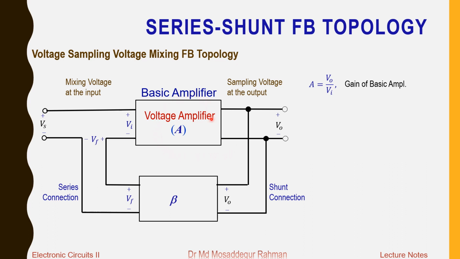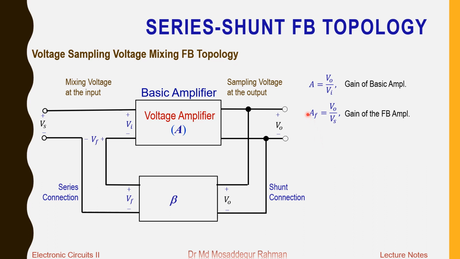So the configuration of the basic amplifier is a voltage amplifier. The gain of the basic amplifier is defined as V0, the output voltage, divided by Vi, the input voltage of the basic amplifier. Then the gain of the feedback amplifier can be defined as V0, the output voltage, divided by Vs, which is our original signal voltage. That is our overall gain, or gain of the amplifier with feedback.